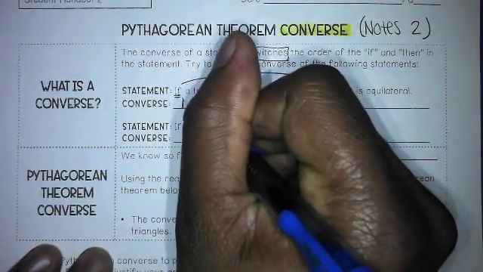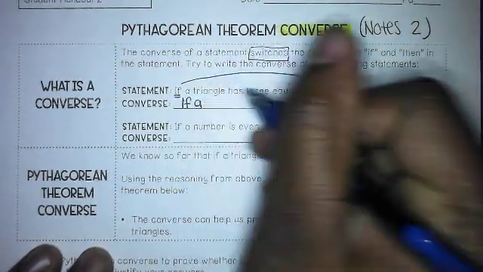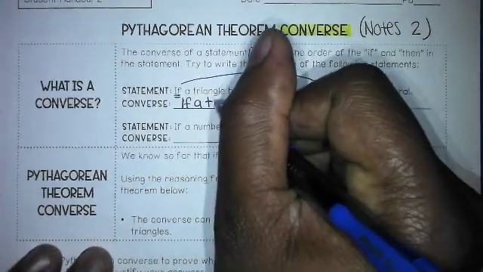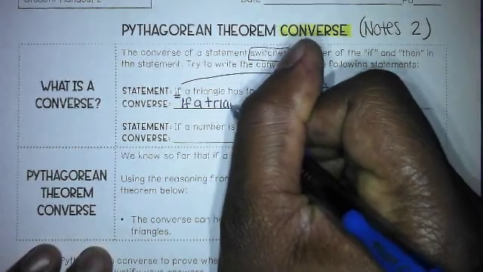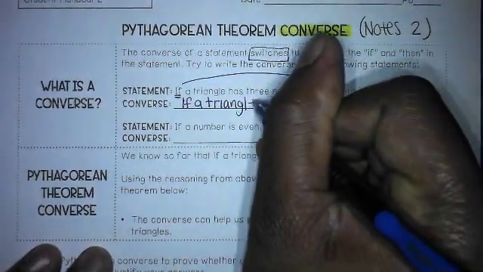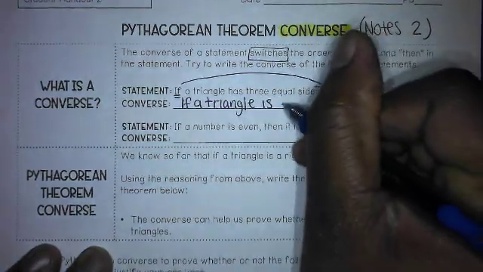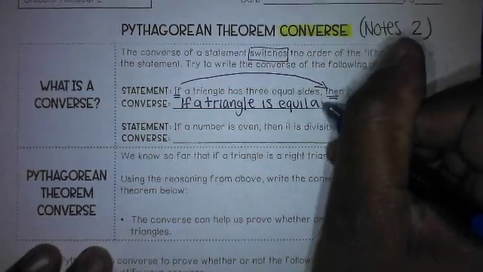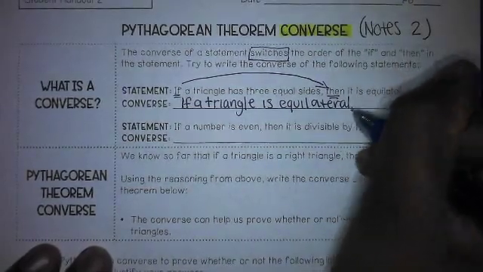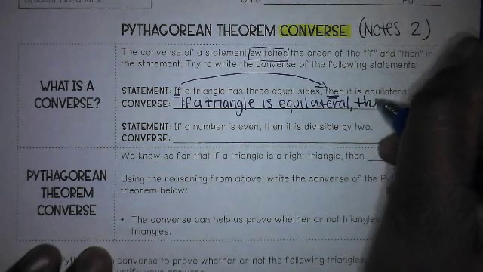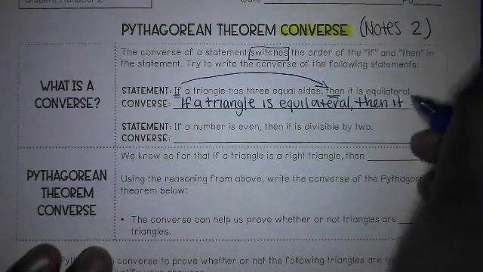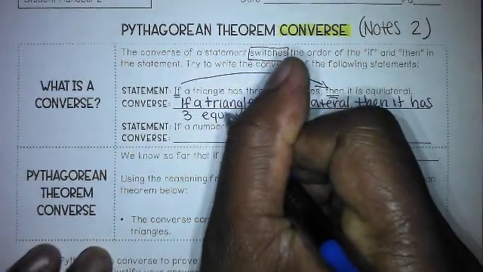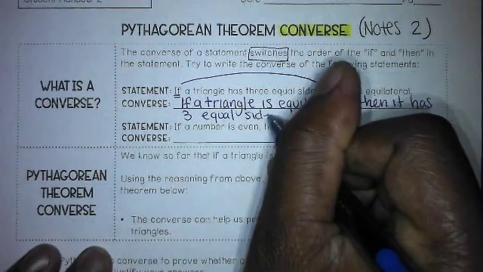So if a triangle is equilateral, then it has three equal sides.